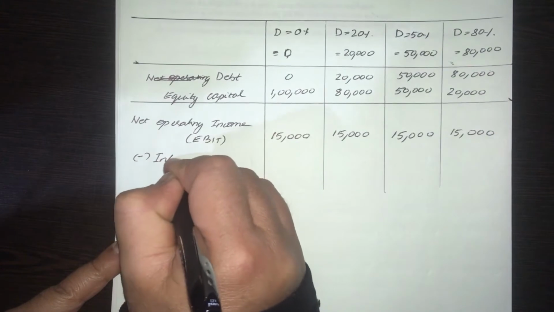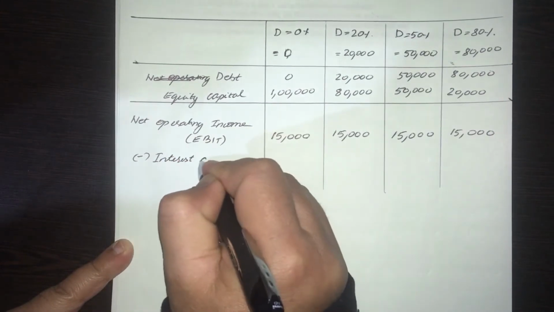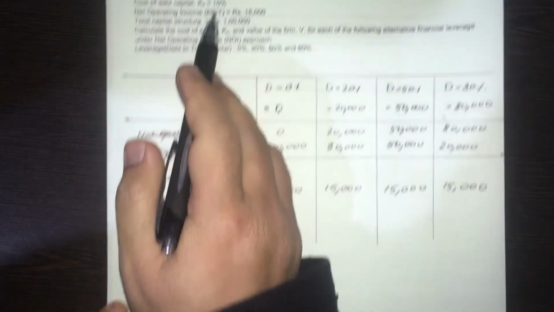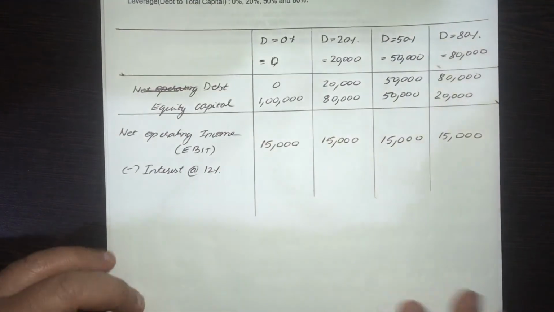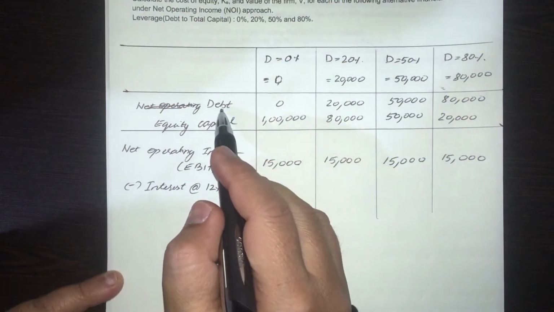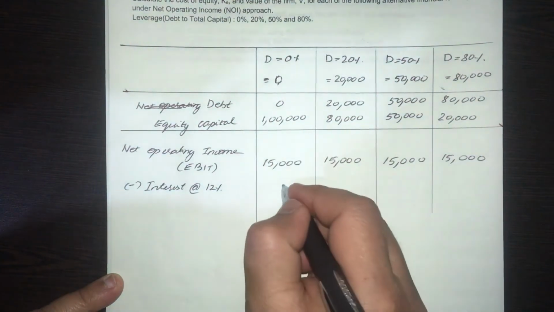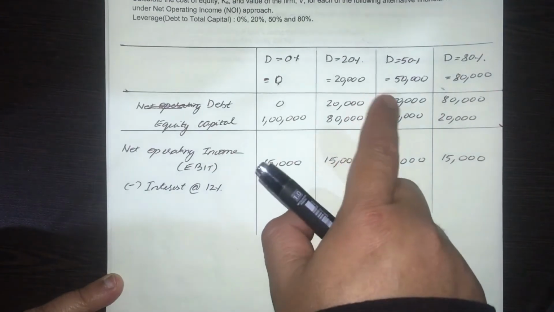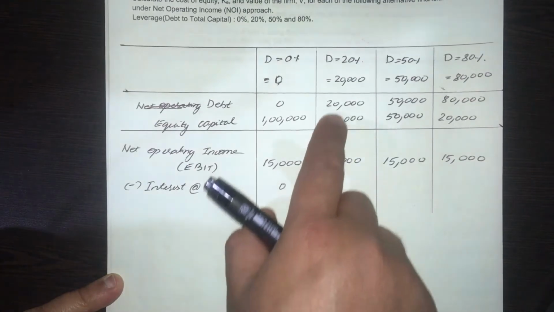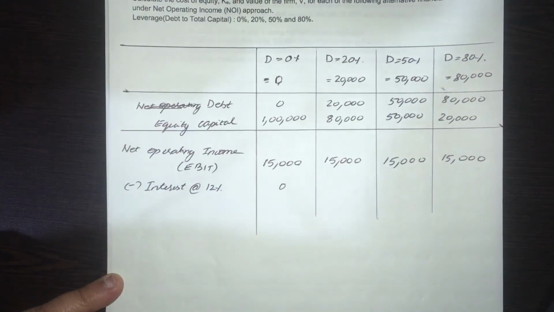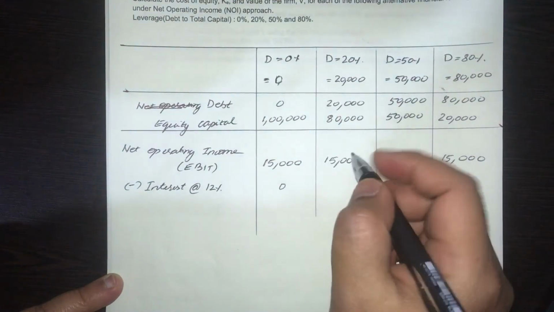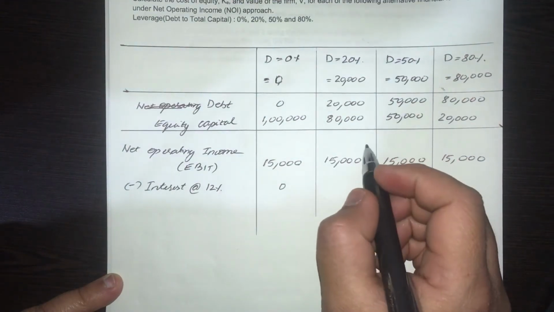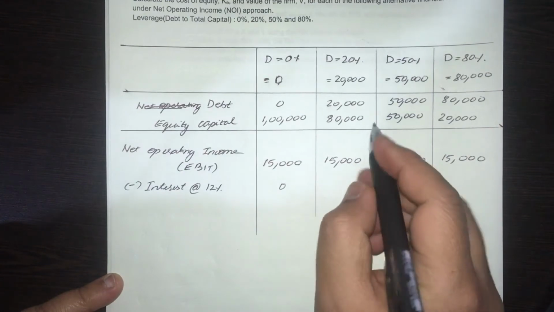Minus interest on debt, at the rate of, what is KD? KD is given as 12%. So 12% on what? On the debt capital. So 12% of 0 is 0. 12% of 20,000 is 2,400.